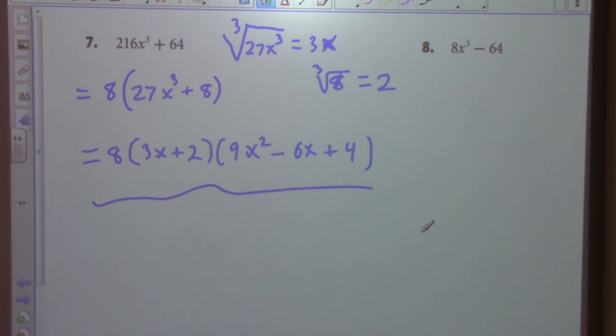No. Once you get to difference of cubes or sum of cubes, that trinomial at the end cannot be factored. So that's going to be an irreducible quadratic trinomial there. When you see Haley, give her credit.